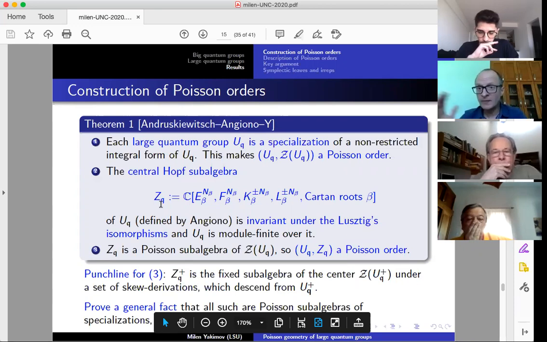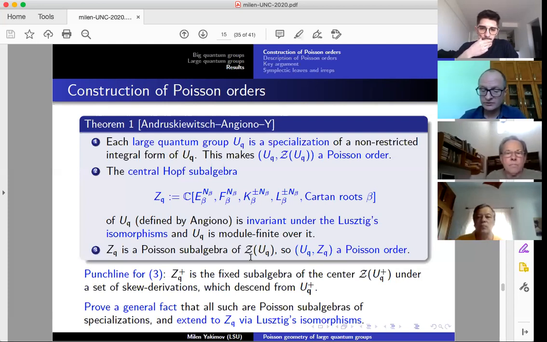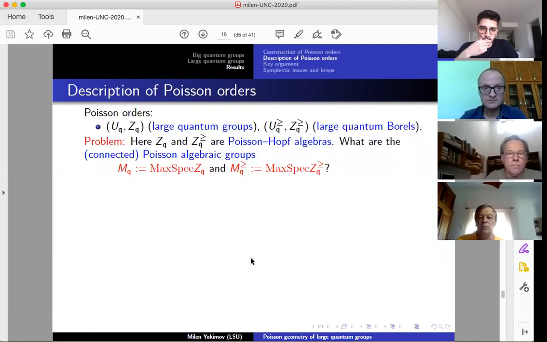And since these Lustig isomorphisms preserve the Poisson structure, we immediately get the third part of this proposition, that the central subalgebra is a Poisson subalgebra of the full center. And again, this is done without running any concrete calculation of Poisson brackets.